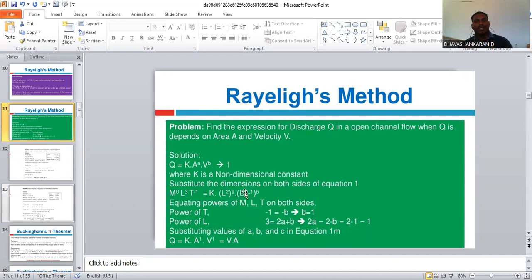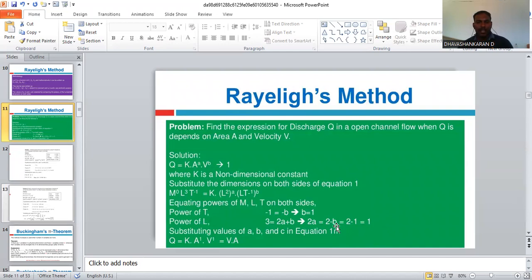So 3 equals 2a plus b. Already we found b equal to 1, so substituting, we get 2a plus 1 equal to 3. By solving, we get a equal to 1.